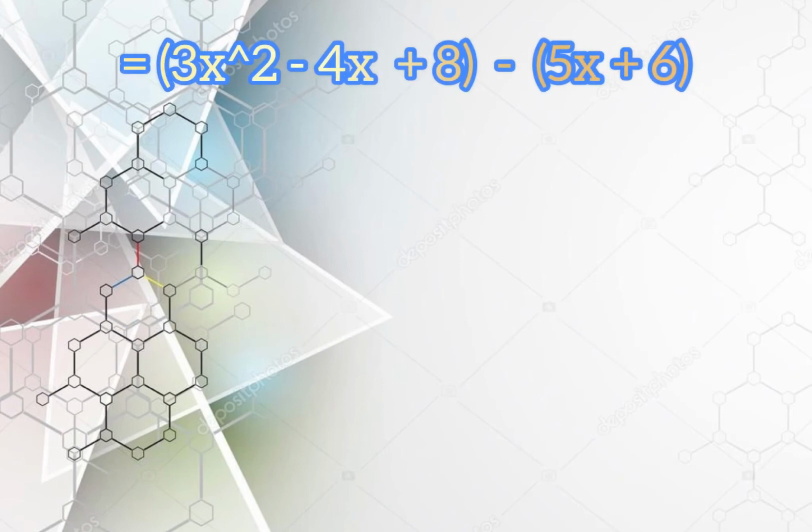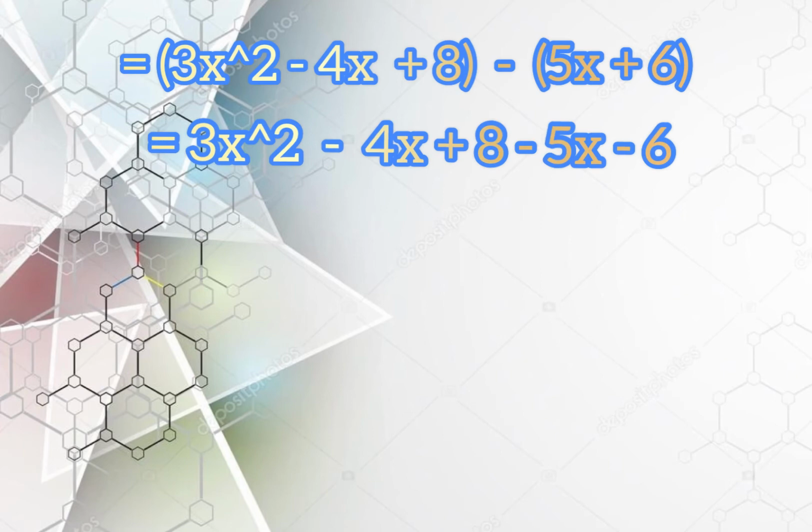After we have this, we need to solve the formula with subtractions and additions and combine like terms. First we eliminate parentheses and there is 3x to the second power minus 4x plus 8 minus 5x minus 6.